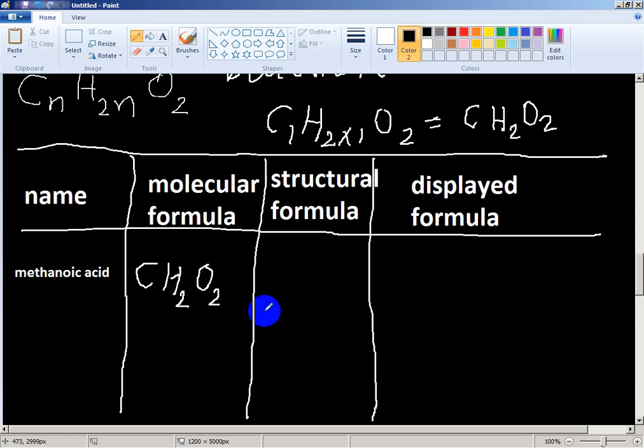And the structure formula: one hydrogen, and we write this C. This is the functional group COOH.